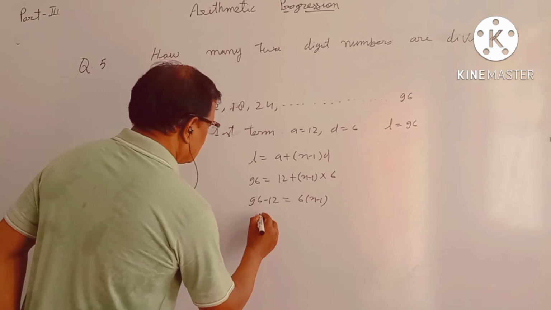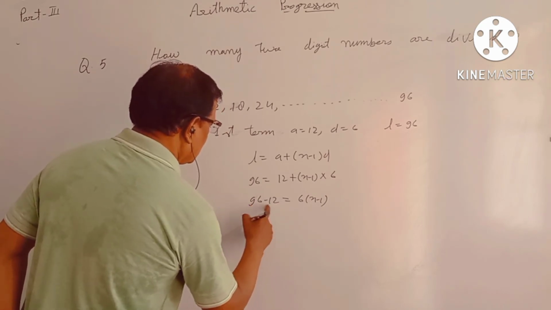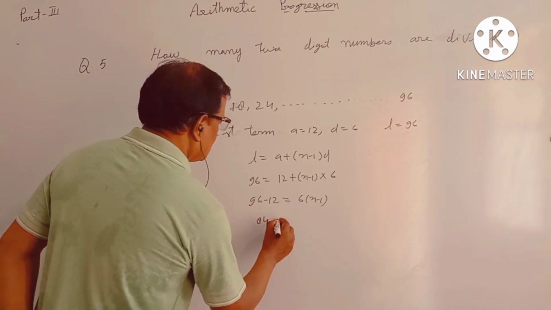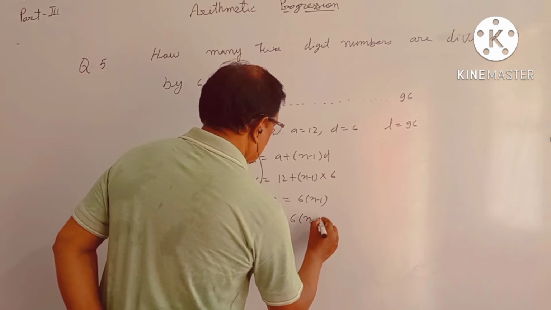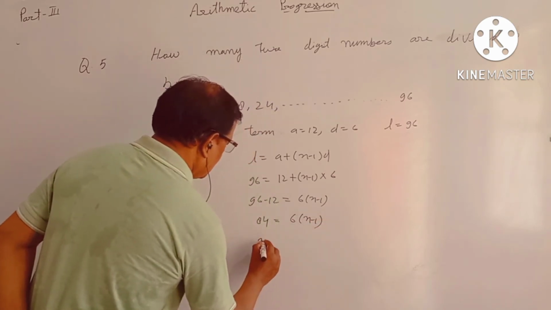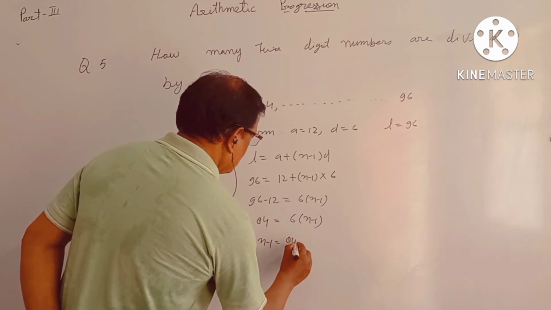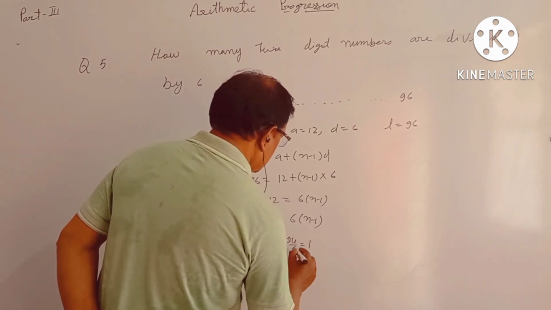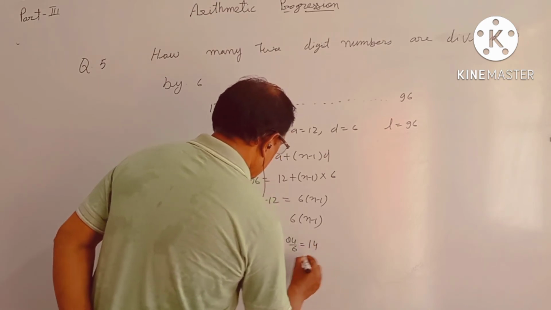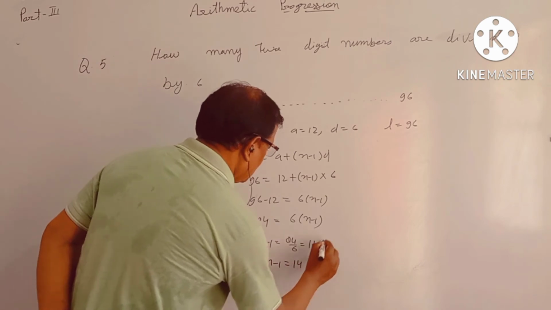Now 96 minus 12, it is 84, which is divisible by 6 also. Now n minus 1 will be 84 by 6. 6 ones are 6, 6 fours are 24, so n minus 1 equals 14.